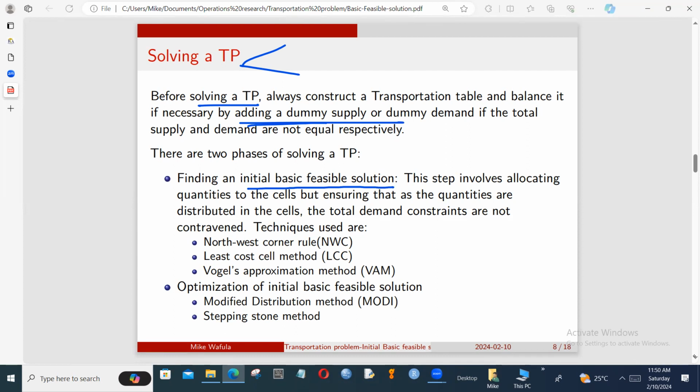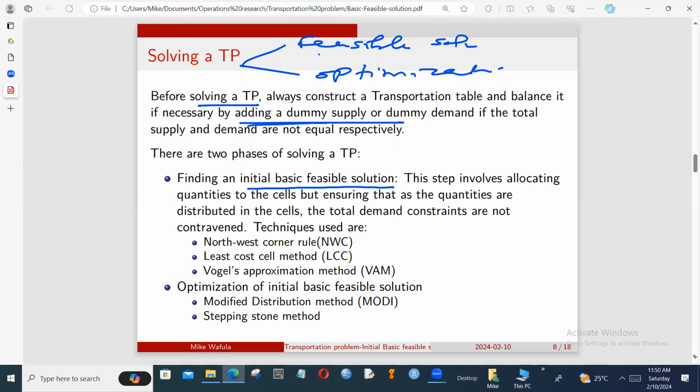It's like a tentative solution you are getting first before you optimize it. The process of optimization is where you get the best solution. So the first step is just determining the initial feasible solution, then you carry out optimization.